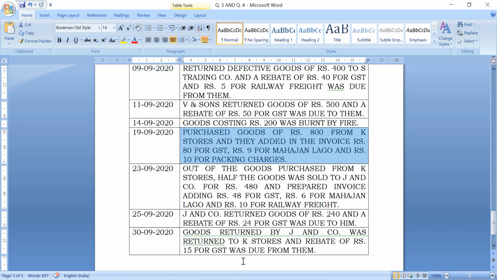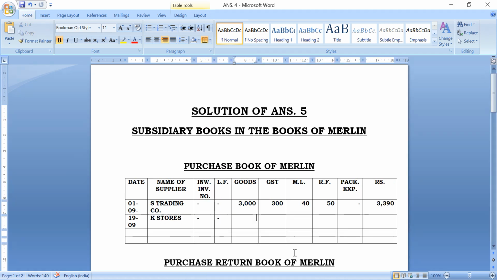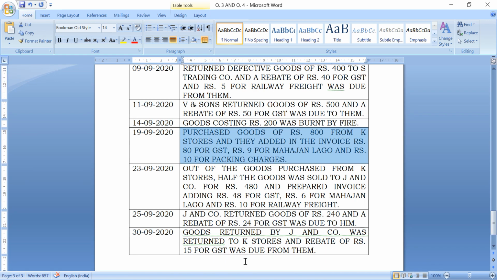Goods 800, GST 80 rupees. Goods na column 800, GST 80. Which other expenses are there? 9 rupees for margin lago, 10 rupees for packing charges.